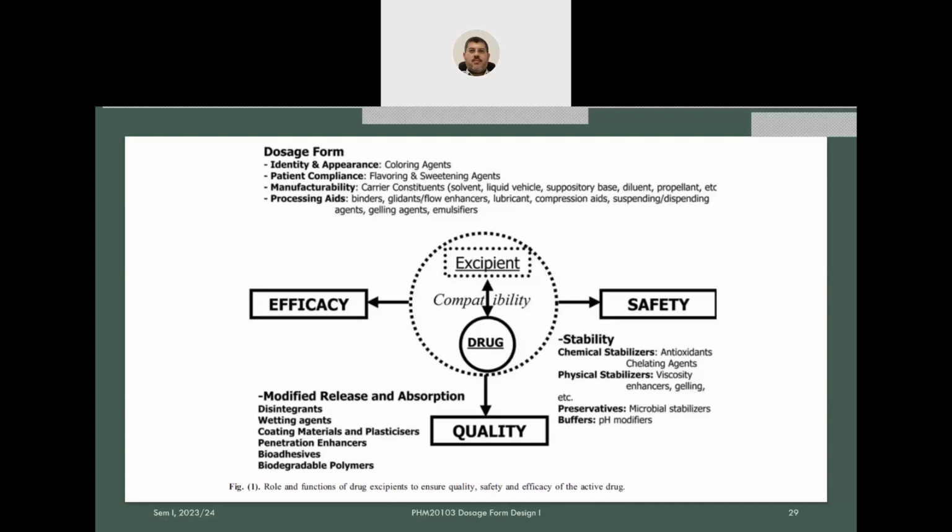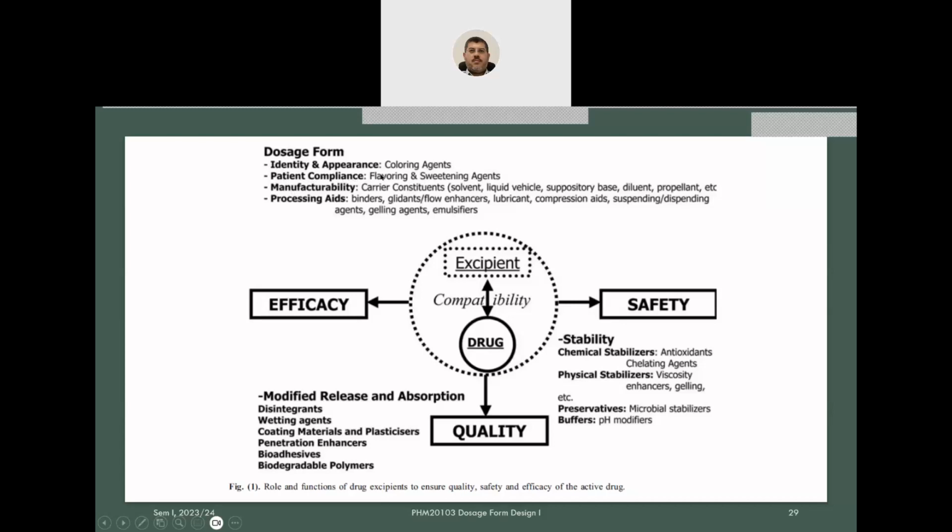So this dosage form is, from the beginning, for example, pink. The appearance is pink, and I know it by its shape. There may be some print on it, and then the color. So if the coloring agent is not stable during the period of shelf life, then it will affect the appearance and identification of the dosage form.